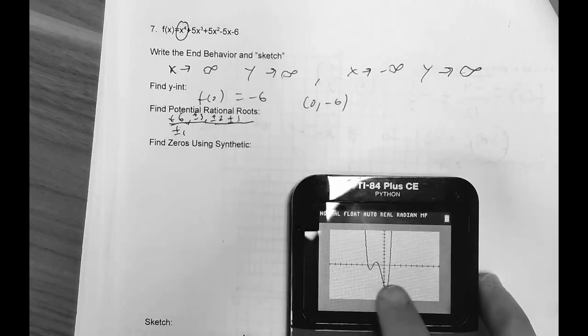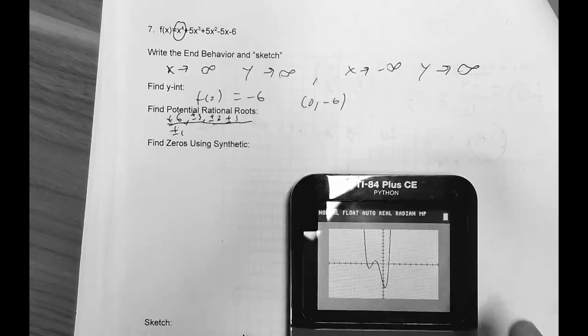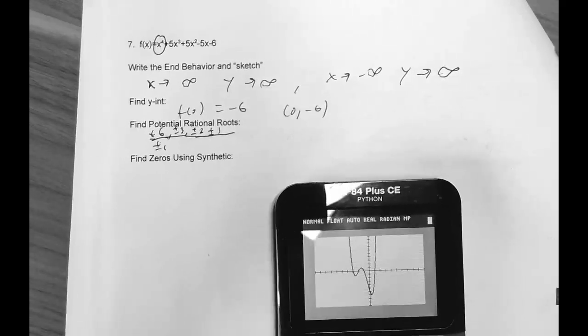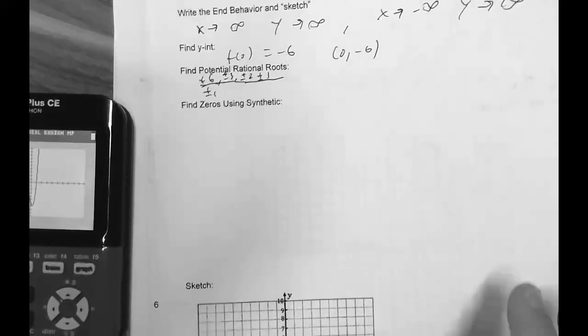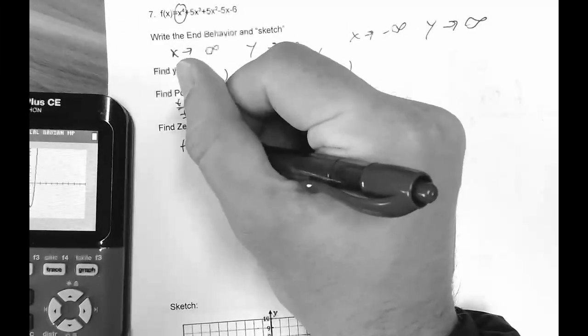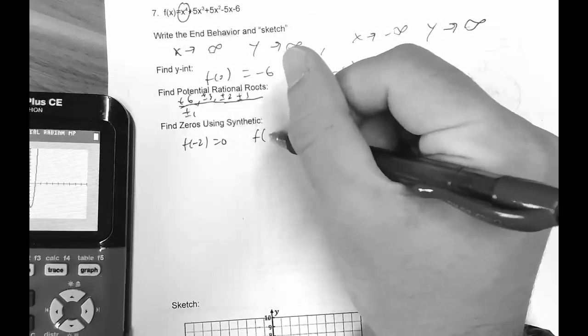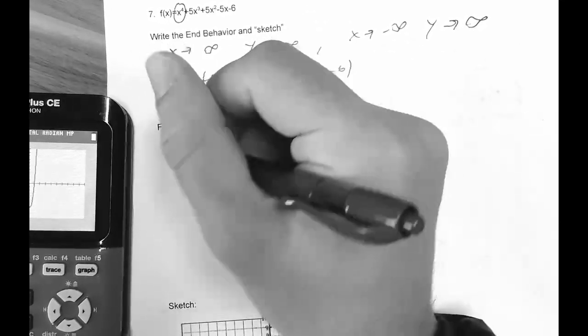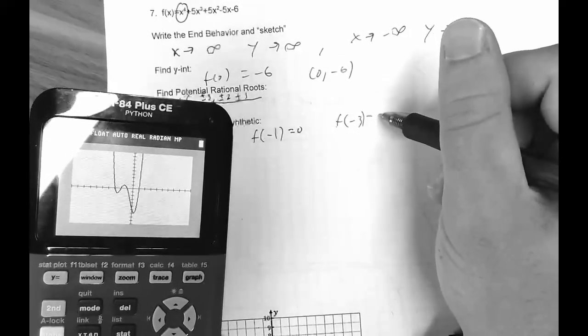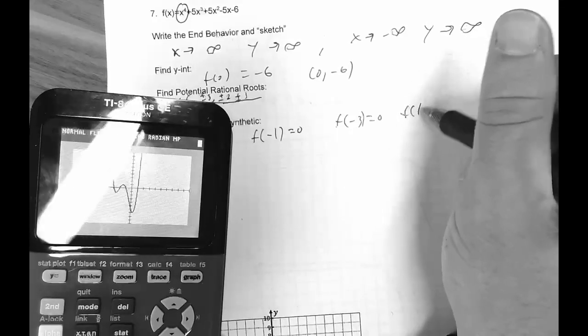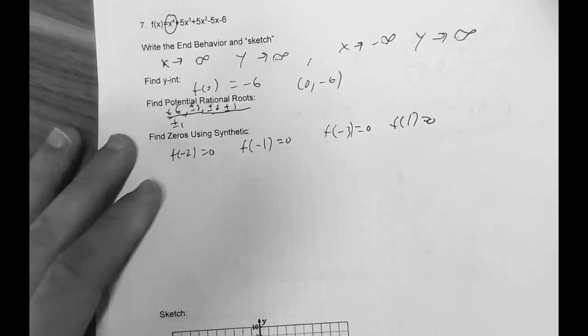So we know which ones are going to be our roots, and then you're going to show that to be true by synthetically dividing them, like we did before in that earlier question. So it looks like from here that f of -2 is 0, f of -1 is 0, sorry, f of -3 is 0, and f of 1 is 0, which makes sense because we have a degree of 4.